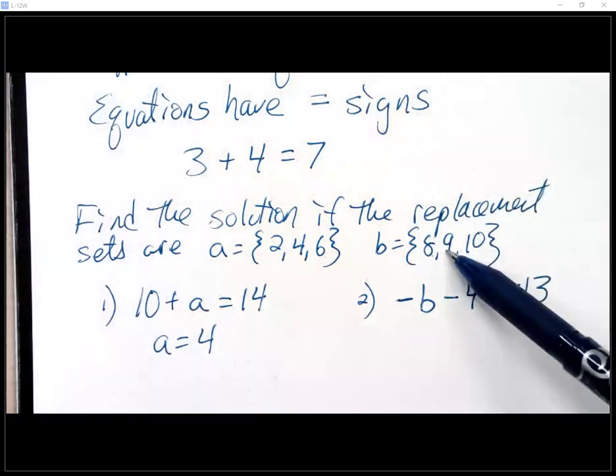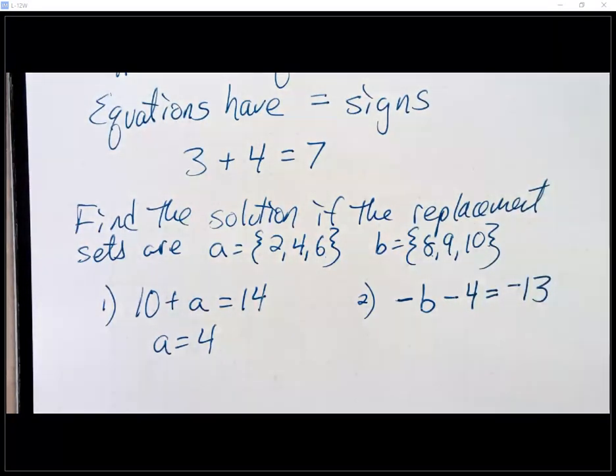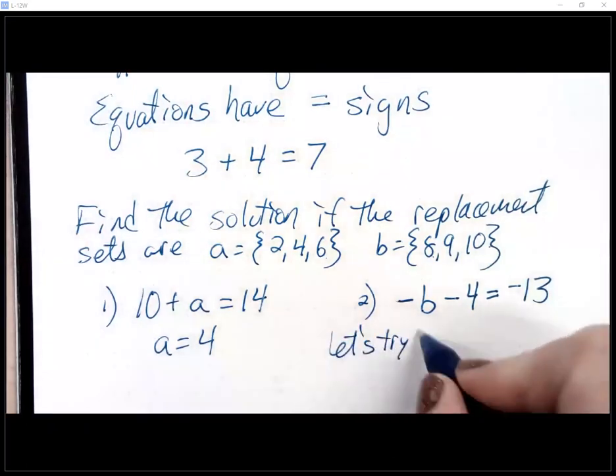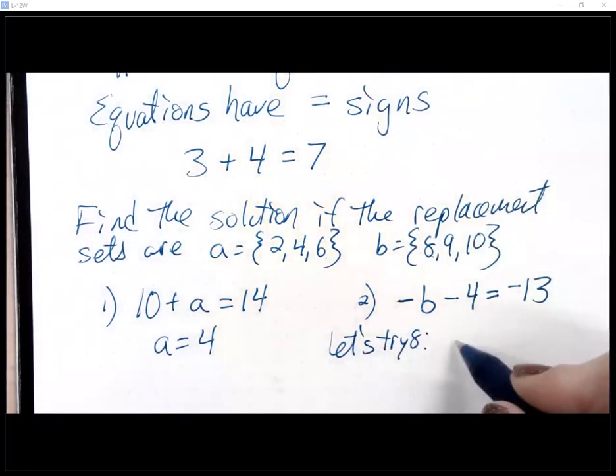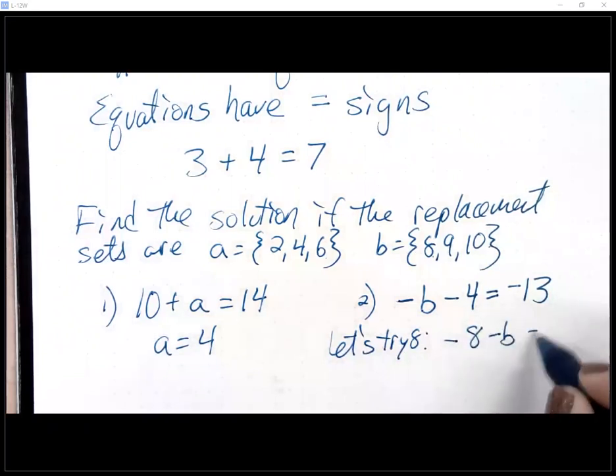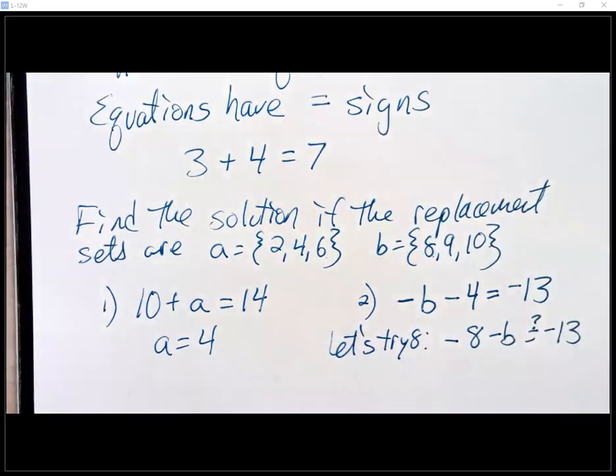So if we don't immediately know, I can test them. I can say, okay, well, let's try 8. So let's see, is this true? Is -8 minus 4 equal to -13? Oh, I wrote a B instead of a 4, sorry.